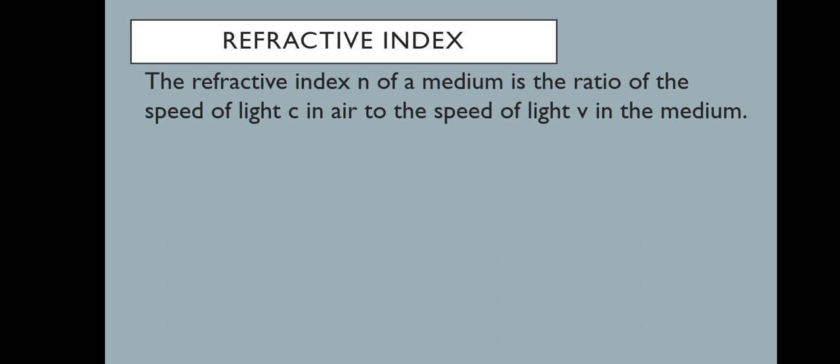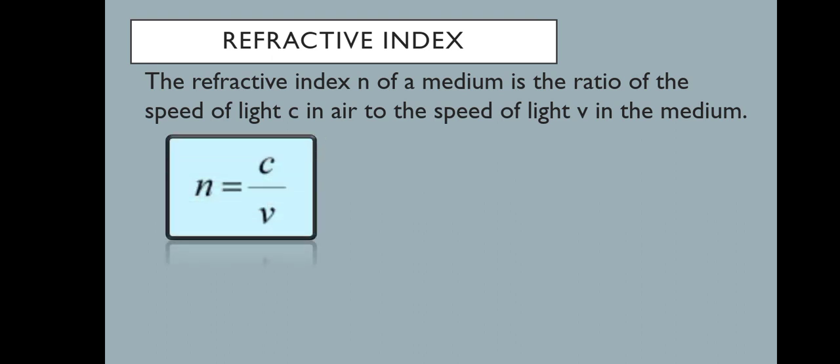The speed of light in that medium is represented by v. The relationship between these quantities is n equals c by v, which means that the refractive index of any medium is the ratio between the speed of light in air and the speed of light in that medium.